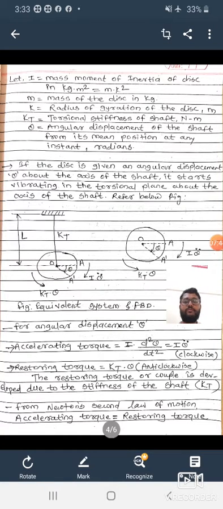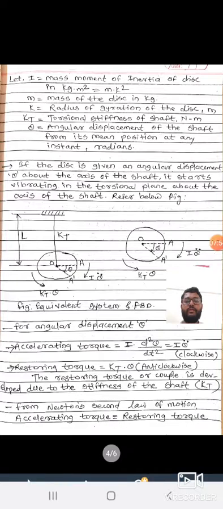The diagram shows the equivalent system of the given torsional pendulum having angular displacement theta, L is the length, and kt is the torsional stiffness.